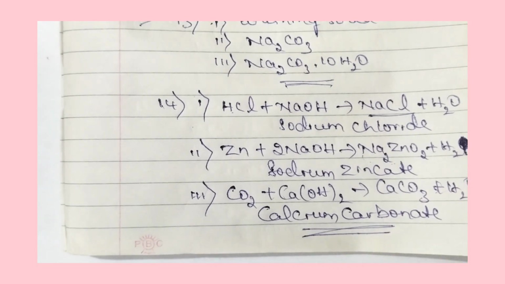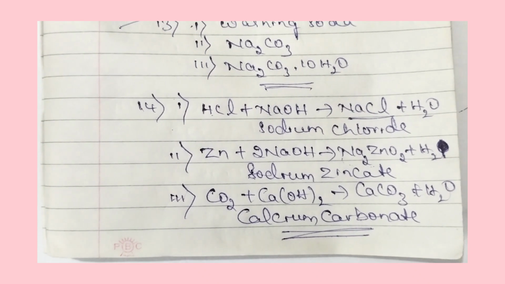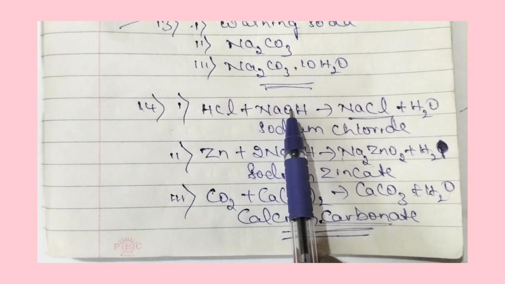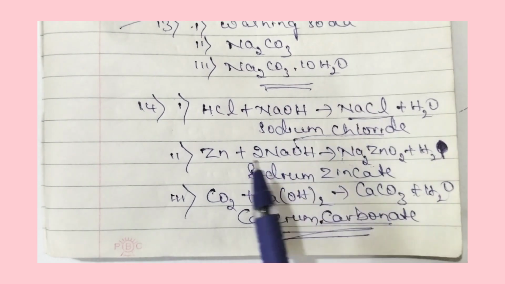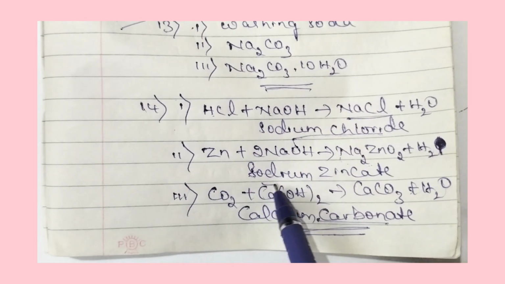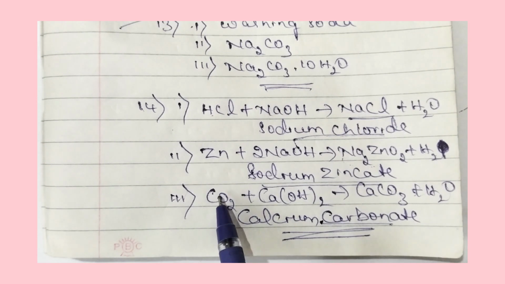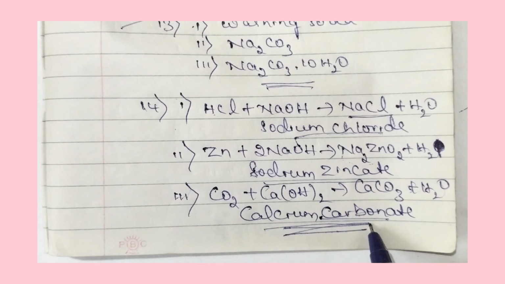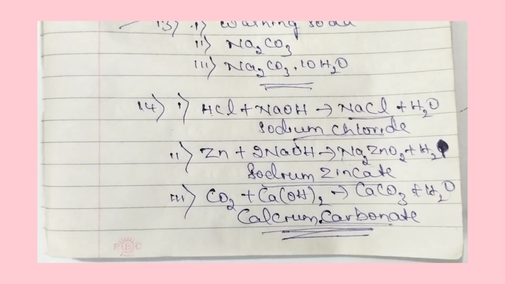So what is the name of the product? Calcium carbonate. So HCl with caustic soda, the product is sodium chloride. Zinc with caustic soda, the product is sodium zincate. Carbon dioxide passed over lime water, the product is calcium carbonate. So like this we have to answer these questions.